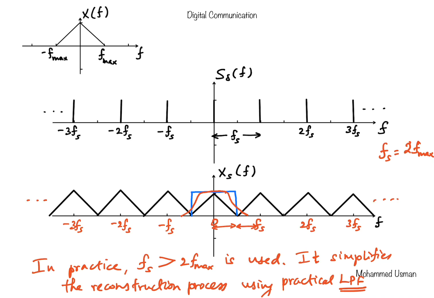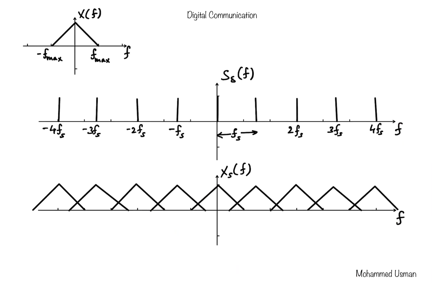Now let's look at the third case where the Nyquist criteria is not satisfied and sampling is done at a rate less than the Nyquist rate. So in this case, we have fs less than 2f max, and in this particular case, I have chosen fs to be 1.5 f max.